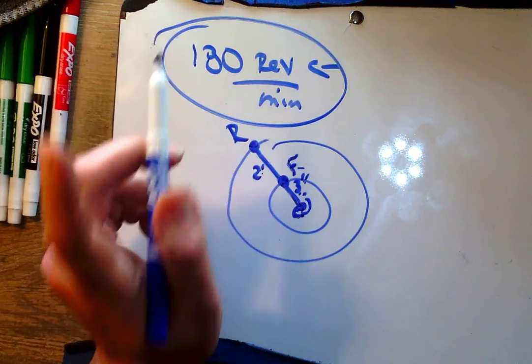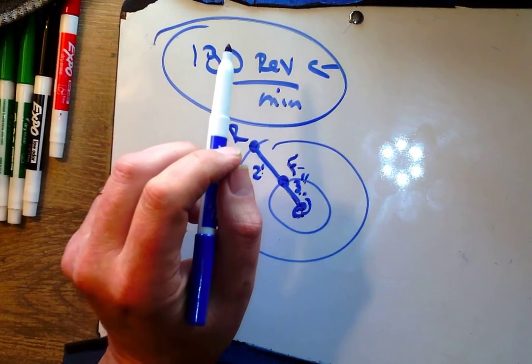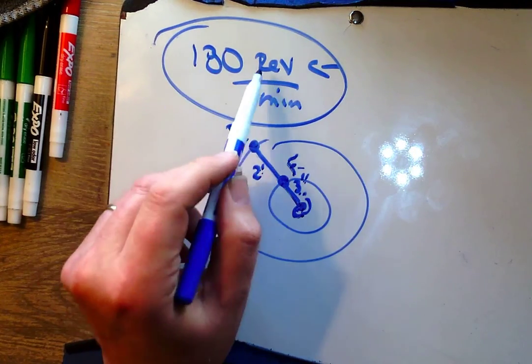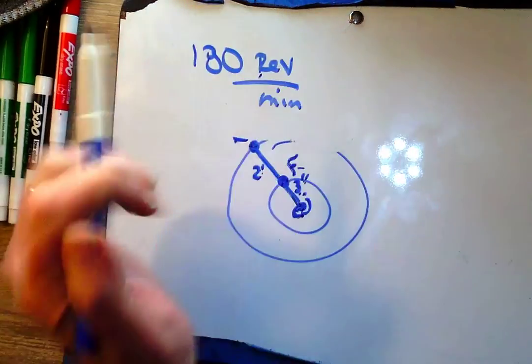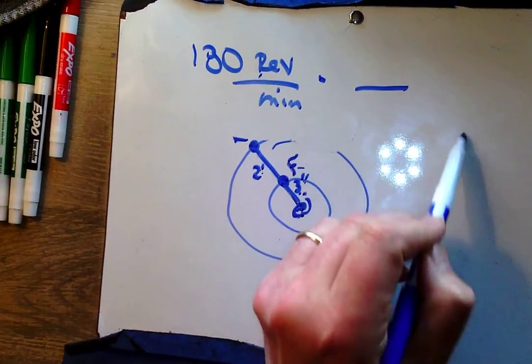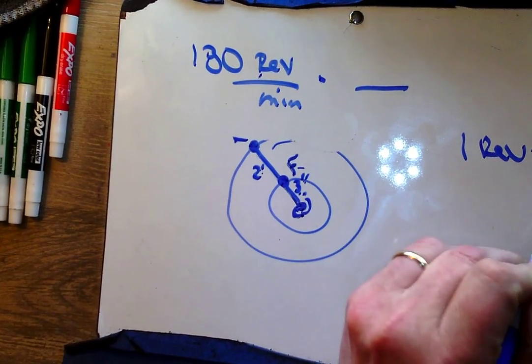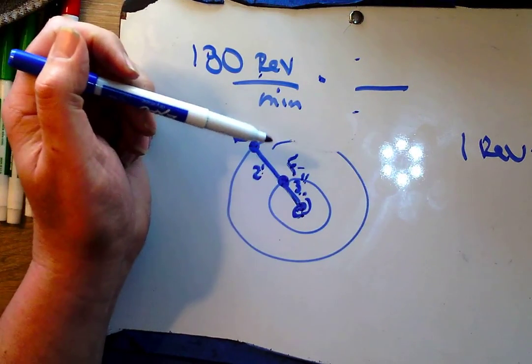But remember, our angular velocity, and that's what we're being asked for here, the angular speed in radians per minute. I've got to convert this revolutions per minute to radians per minute. Now, I know that 1 revolution is 2 pi radians. Does the 2 pi go on the bottom or on the top?